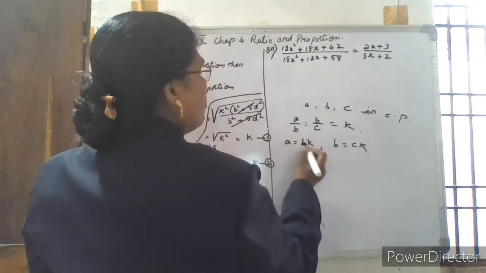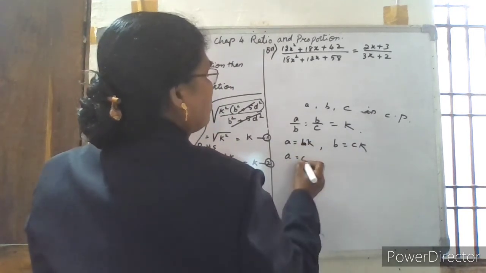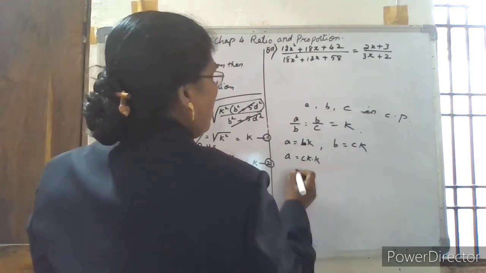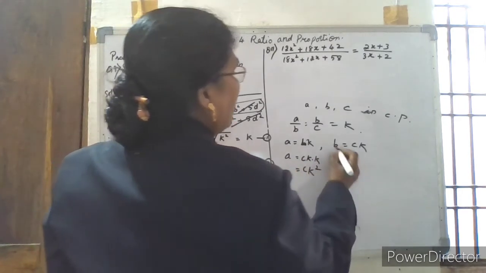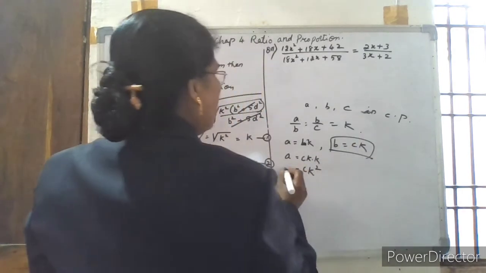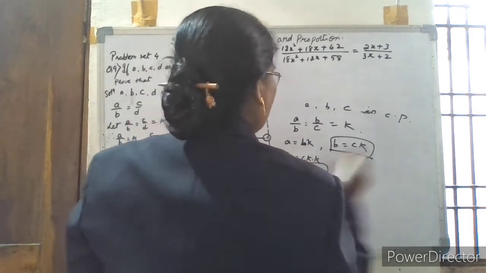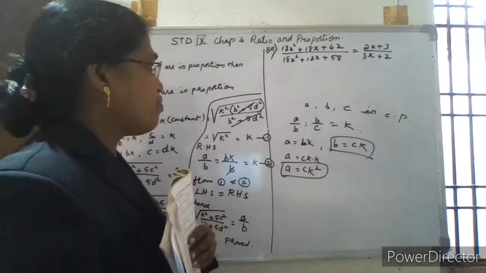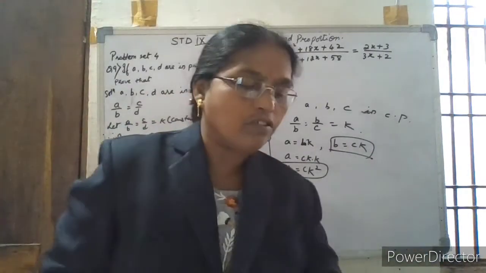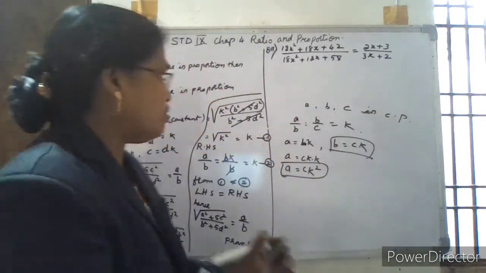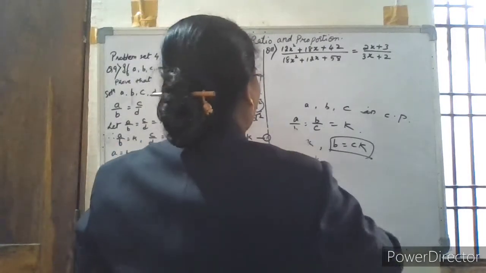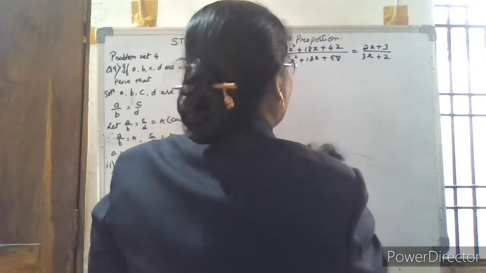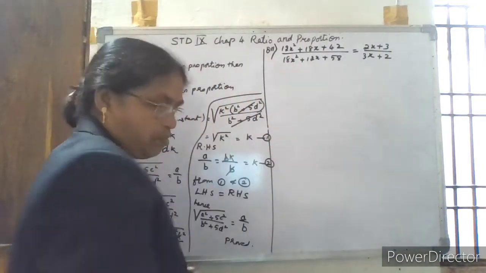So B value you put again, A will be equal to CK into this K, it is equal to CK squared. A value you have to take as CK squared. In this way you will find the values and using these values you will solve the 10th question, that is by the K method sums.